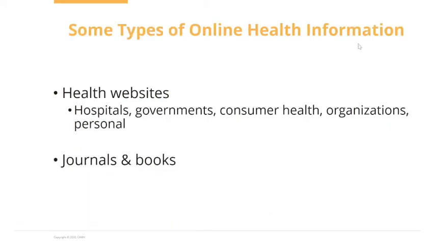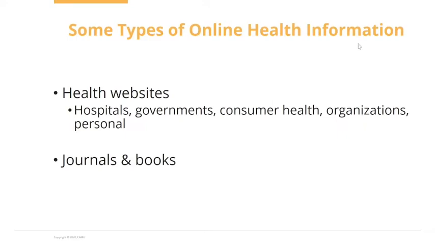And there are lots of different types of health information. I'm just going to go into some select types. Hospitals have websites, such as the University Health Network. CAMH has its own website. Governmental agencies have health websites where you can get health information, like Health Canada or Public Health Ontario. There are numerous consumer health related websites, such as Diabetes Canada.